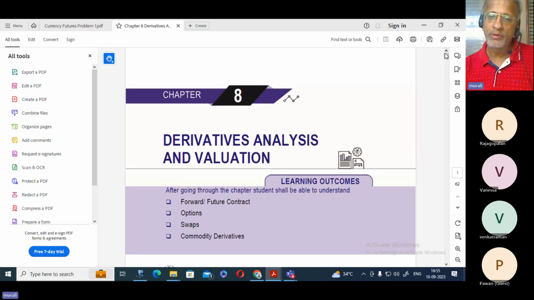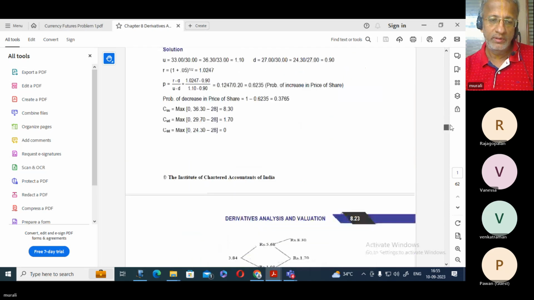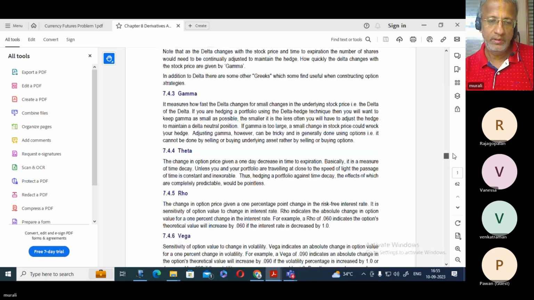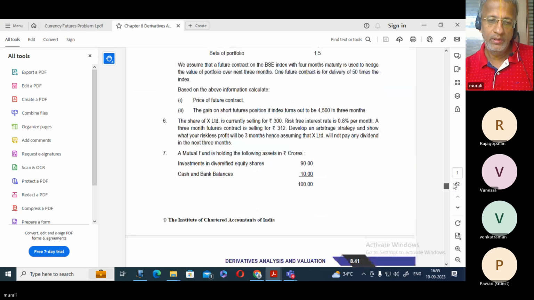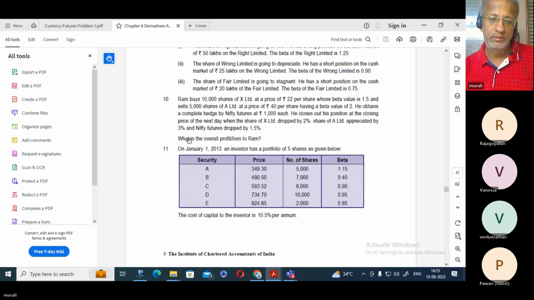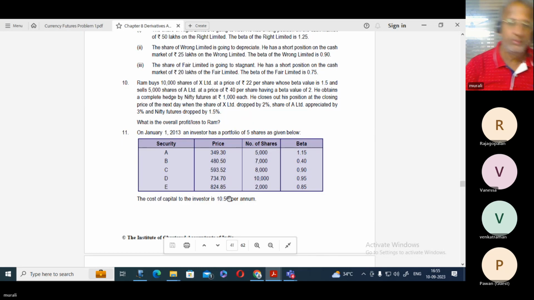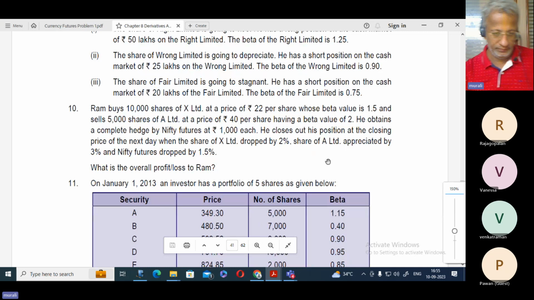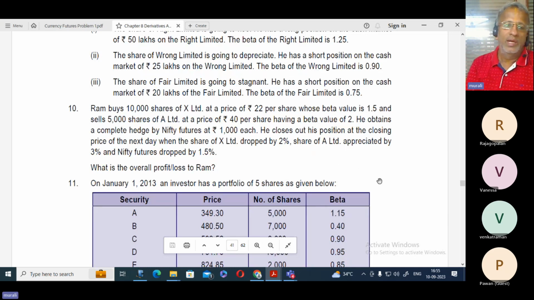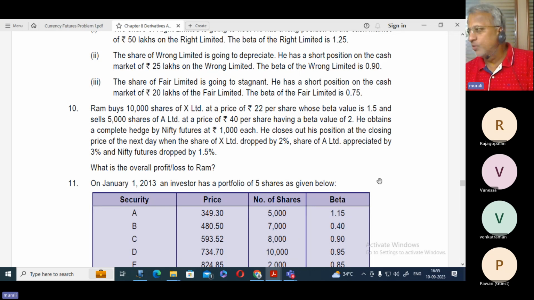So in this problem number 10, this is the problem. Rajagopalan was just raising this during this week.